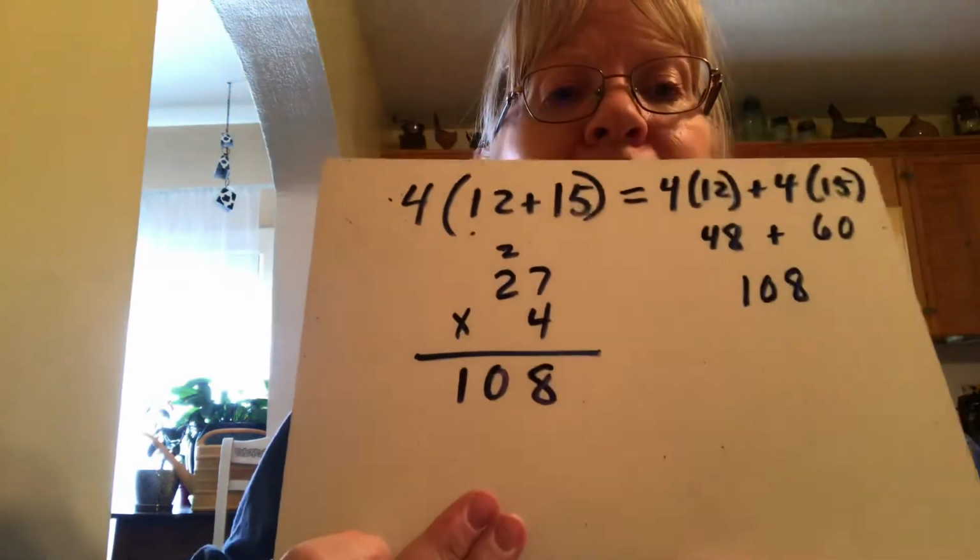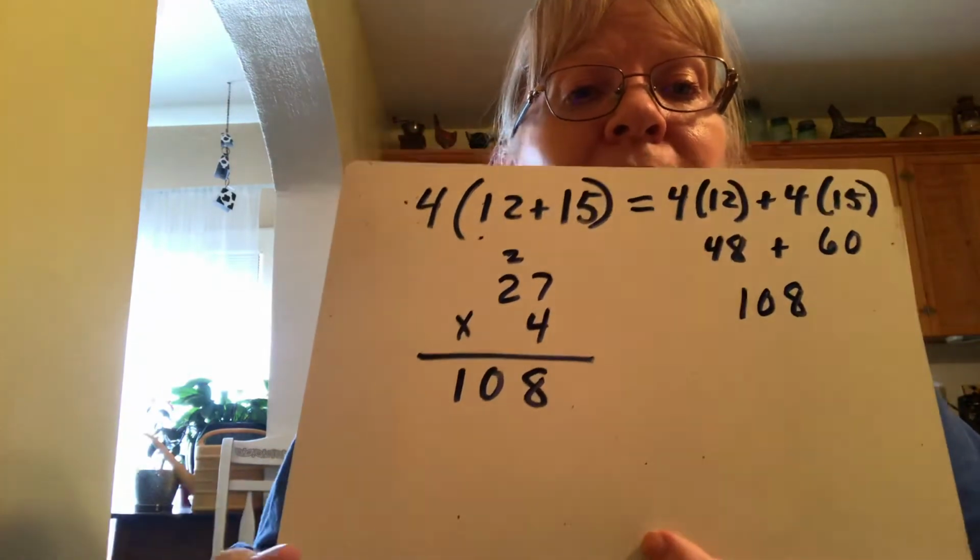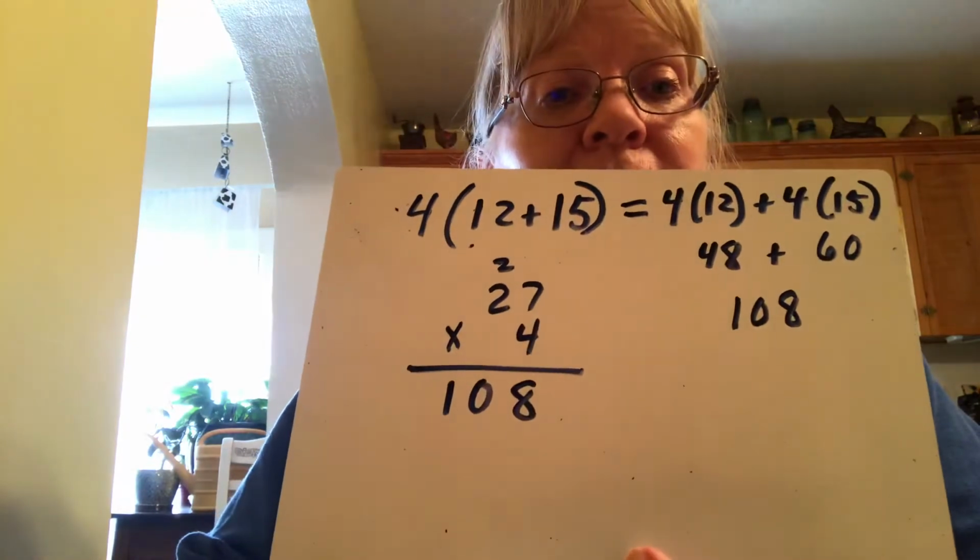So I have to work it out. 4 times 7 is 28. 2 times 4 is 8, plus 2 is 10. Okay, so we get the same thing, but just 2 different ways of doing it. Okay? Alrighty. I think that's pretty simple, and that's what you're going to be doing on the first 3 pages.